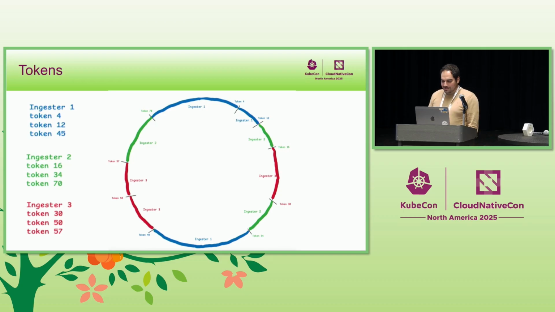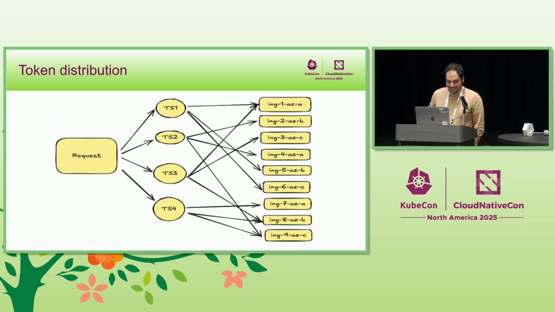So how does a request actually work for Cortex? A request has multiple samples, time series, whatever you want to call it. It's actually different, but let's call it time series here. And we shard the information by time series. You receive a request with 1,000, 5,000 time series, depending on how you are sending it. And each time series is sharded to 3 ingesters in this case, because we are using a replication factor of 3. So we have to have 2 out of 3 for a successful result.